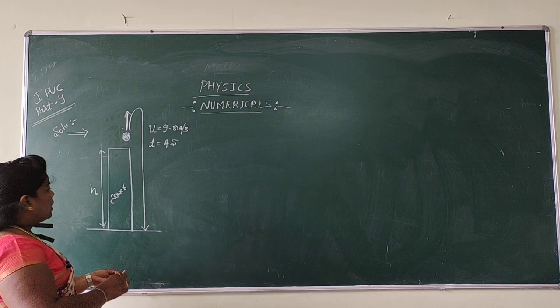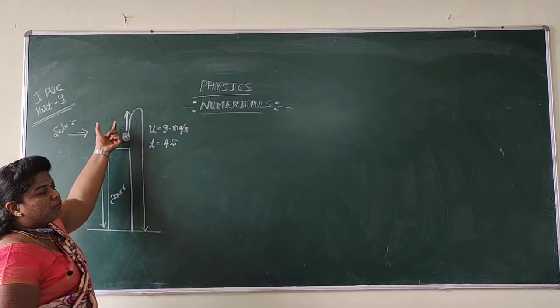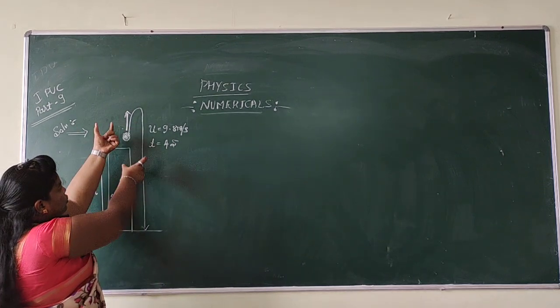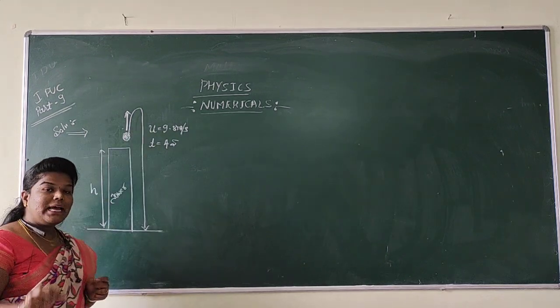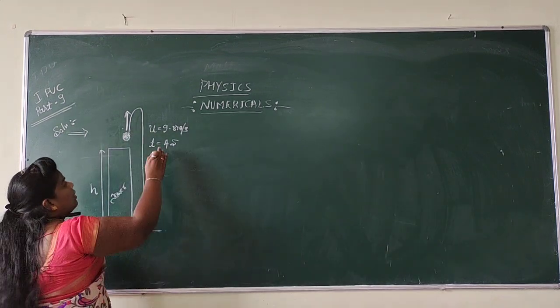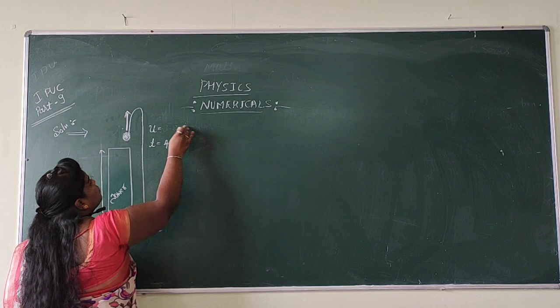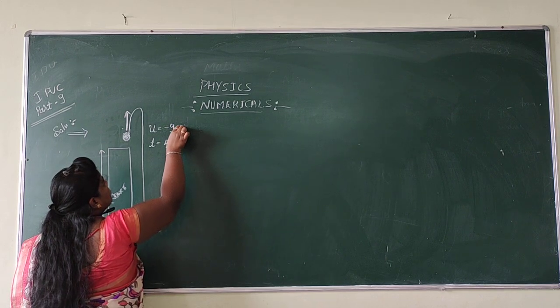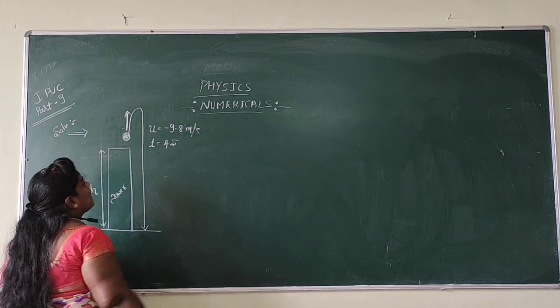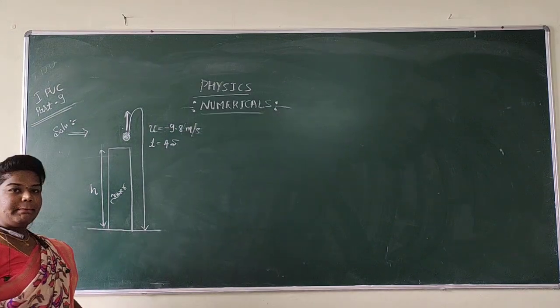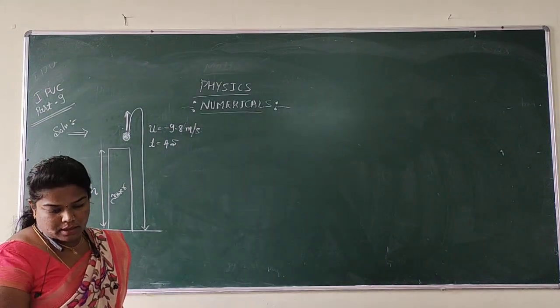It means the projected direction is upward, but the stone took a direction downward. It means the direction of this velocity becomes negative, that is minus 9.8 meter per second.